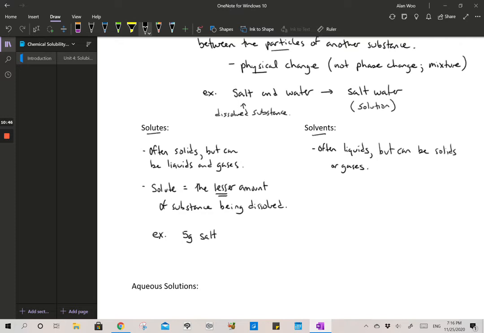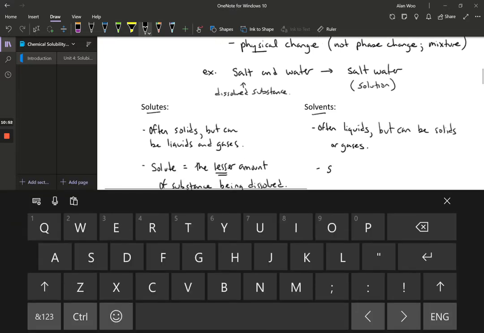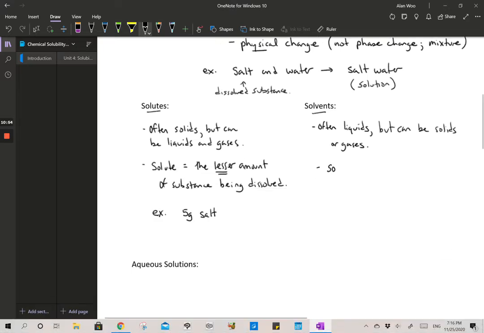The proper definition of a solvent then, my apologies, is the greater amount of substance being dissolved.